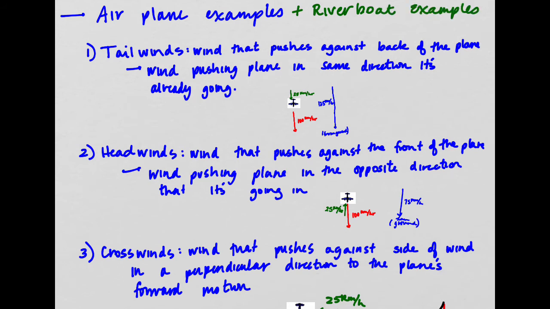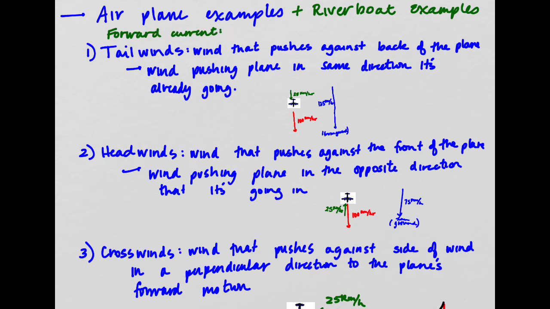In the riverboat examples, I'm going to write these in green, we had current, not wind. So in the riverboat example, what's equivalent to a tailwind would be a forward current. A forward current.